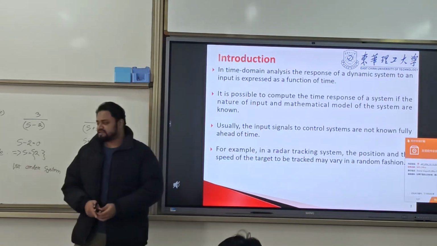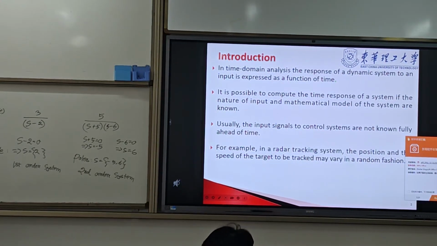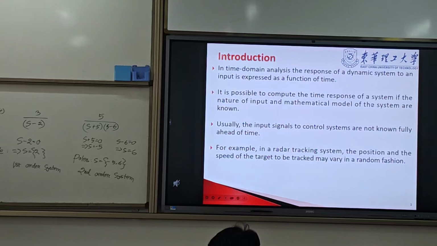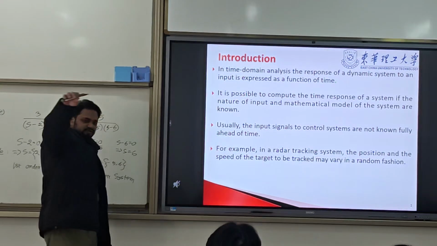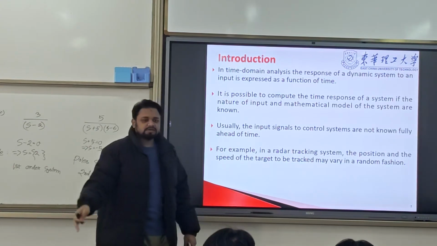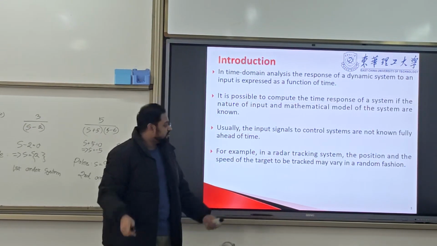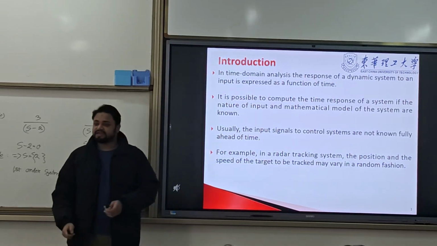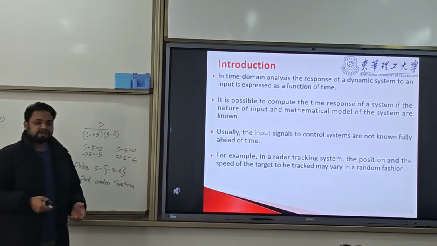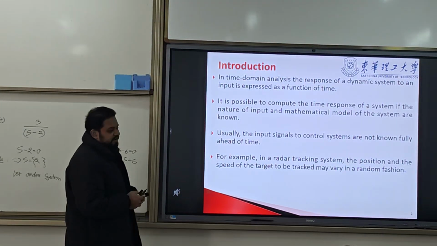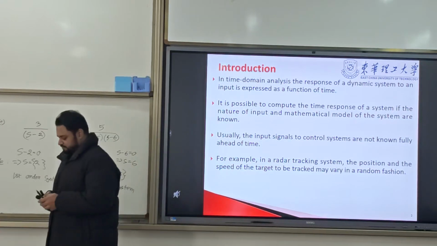Another example is the GPS. It is not fixed in one place. GPS is traveling everywhere. So when the GPS is running everywhere, its position and speed are not known all the time. It is varied. It is a random signal, random inputs.